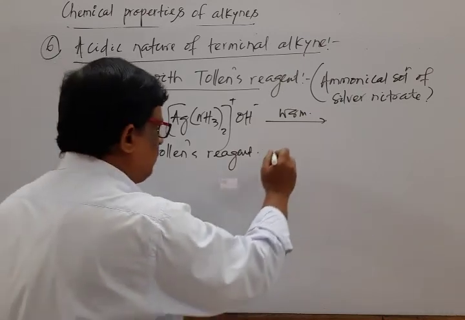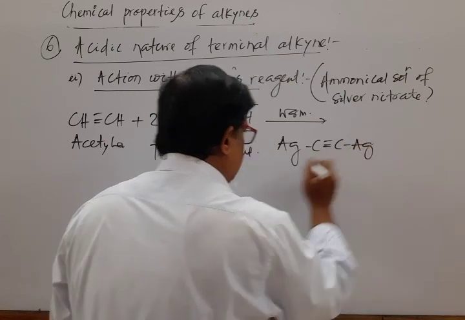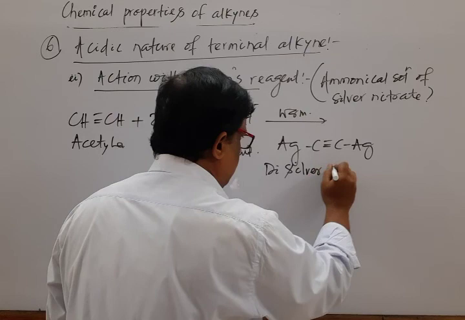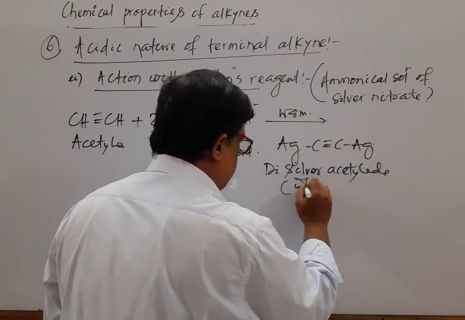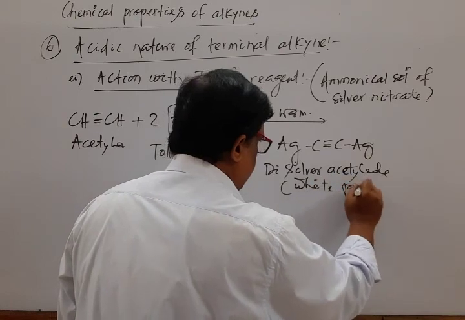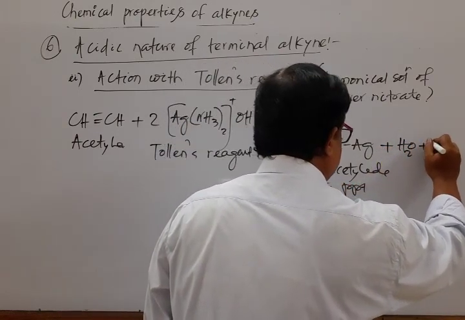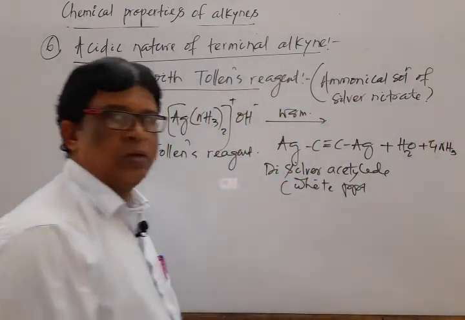What happened? Disilver acetylide is formed, white precipitate, plus H2O plus NH3.